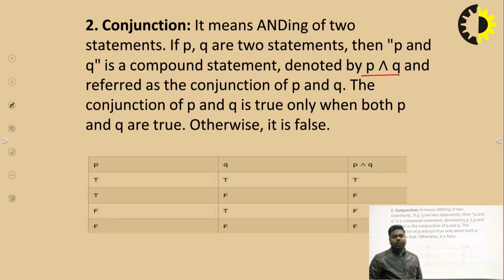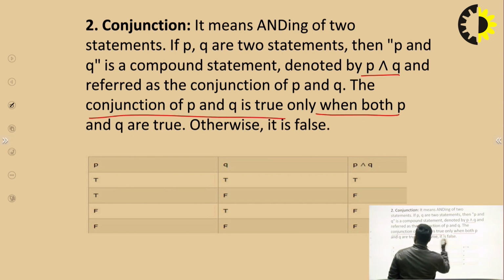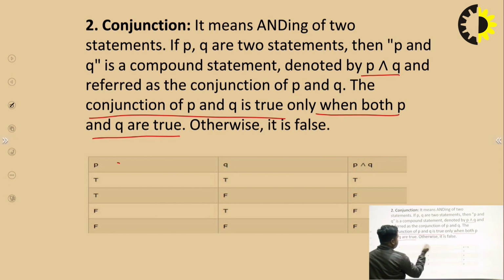As we have learned in Boolean algebra, the truth table of the AND operation is: if both are true, then true; if anyone is false, then it is false. The conjunction of P and Q is true only when both P and Q are true, otherwise it is false.